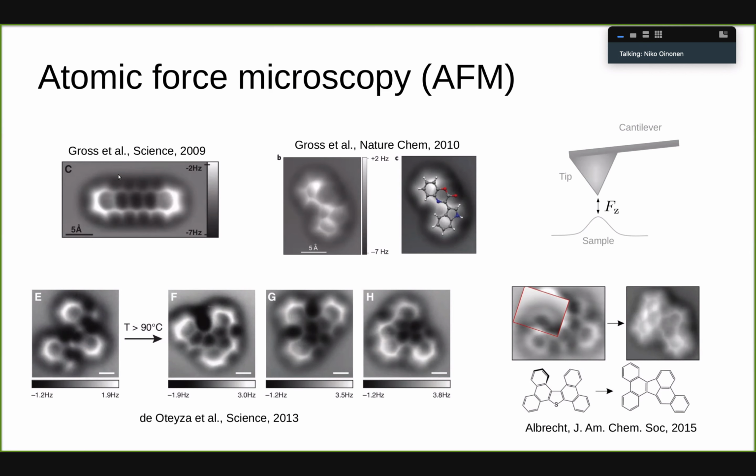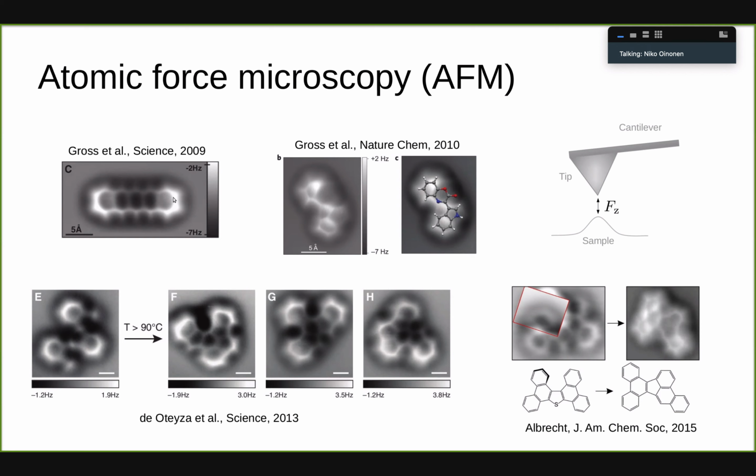So this is one of the pioneering experiments in very high resolution AFM from a bit over a decade ago, where they imaged a benzene molecule using AFM, and in the resulting image you can really see the sample at a resolution where you can see individual connections between atoms in the sample.